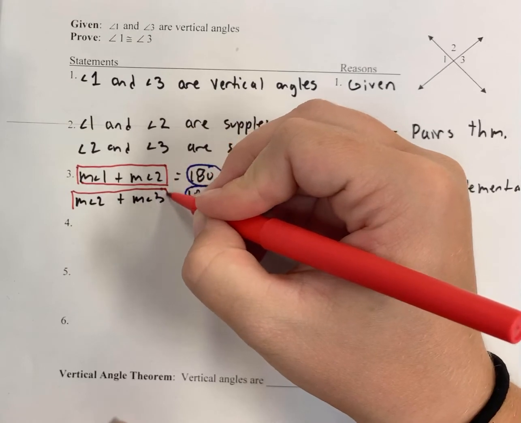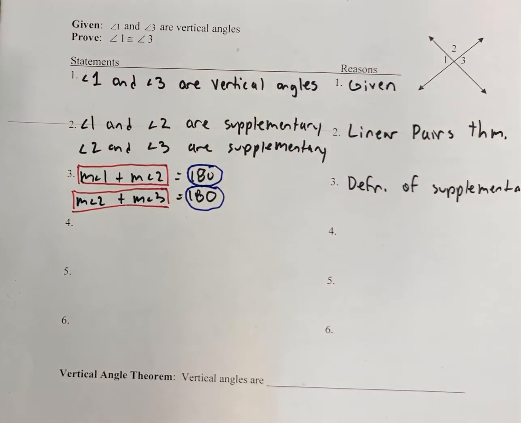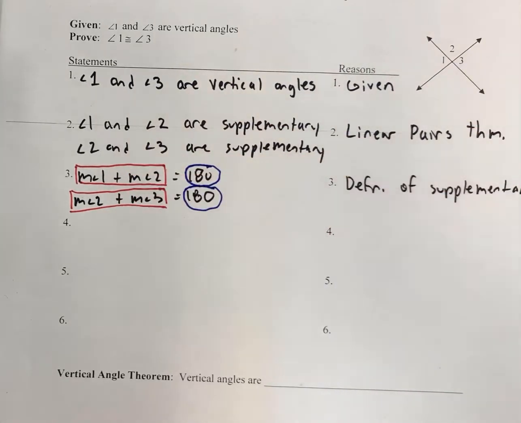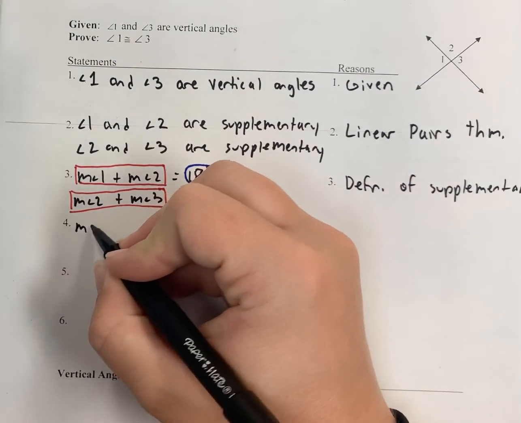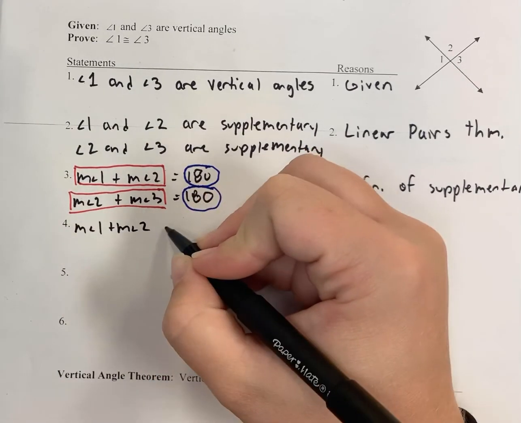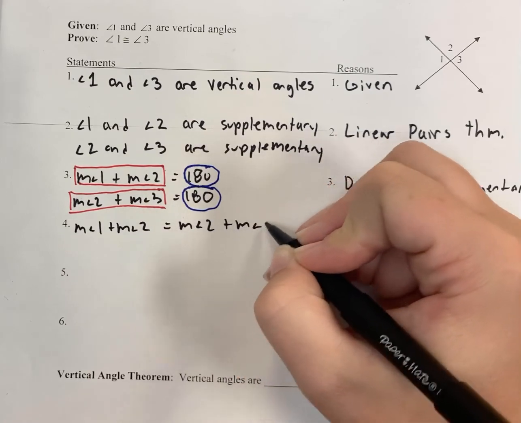They have to be equal because they both equal 180. So we can say that the measure of angle 1 plus the measure of angle 2 equals the measure of angle 2 plus the measure of angle 3.